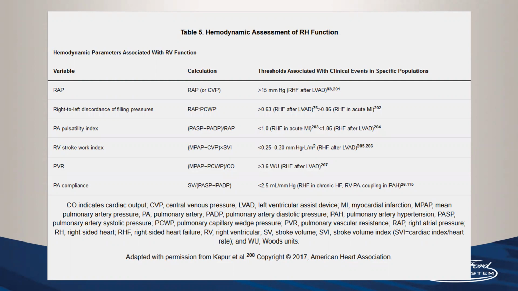So you want that ratio to be less than 0.6. And that's the hard thing, you could have an RA pressure of 22, but if the wedge is 40, if you unload the LV, then you're probably going to get the RV to come down. Make sense?